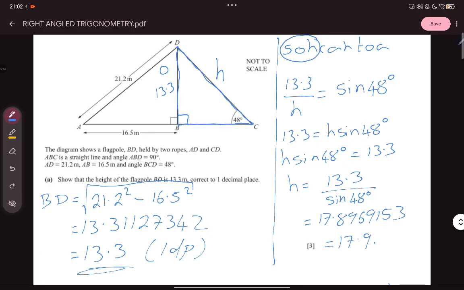That would be meters, wouldn't it? 3 significant figures. But always check the question just to make sure that they have not given you an instruction to write it to a particular degree of accuracy. In this case, they did not. So I'm going to go with 3 significant figures. If you look at a Cambridge exam, they do tell you to round non-exact answers to 3 significant figures.